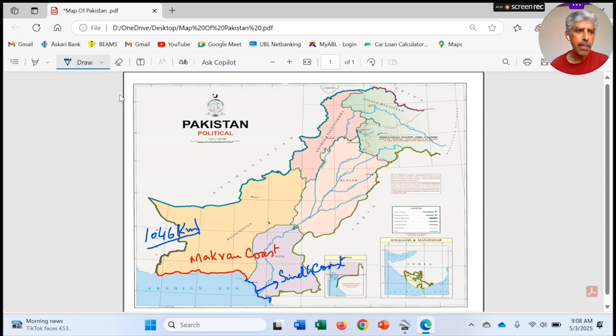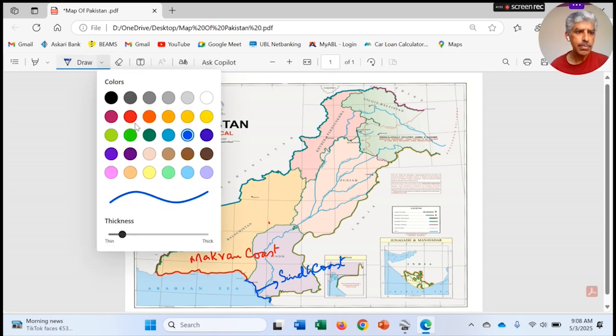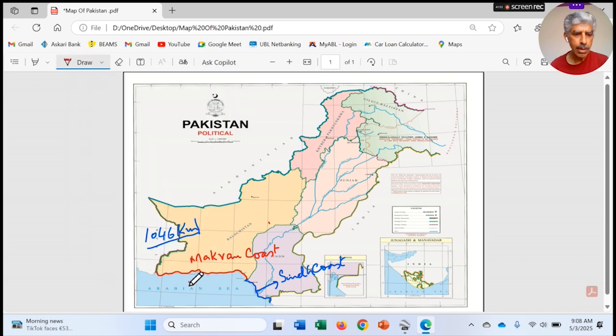Out of this, about 776 kilometers is of the Makran coast, and about 270 kilometers is of the Sindh coast. So if we add up, we get closer to this figure, 1046 kilometers.